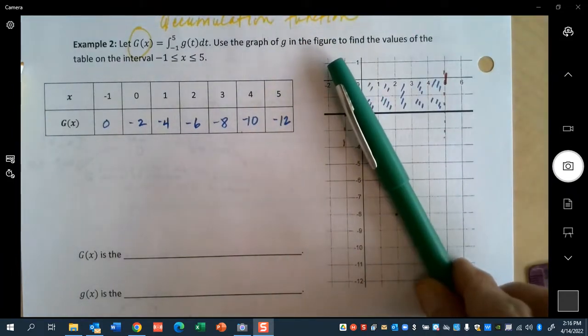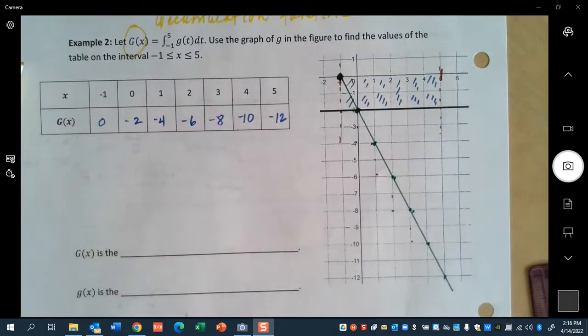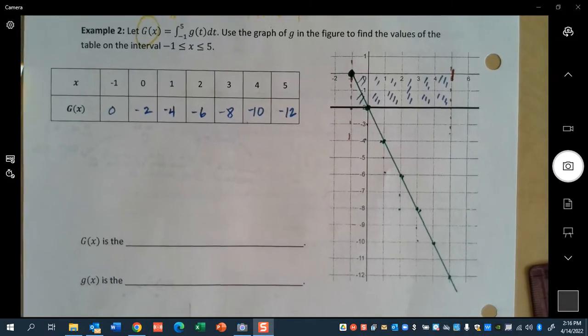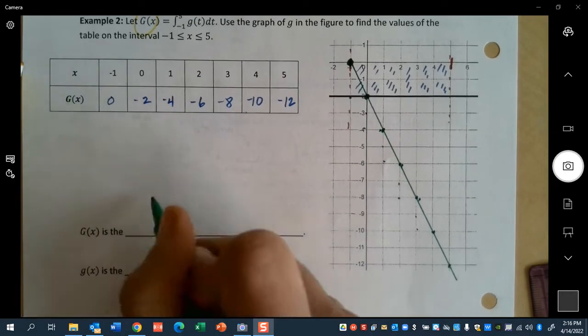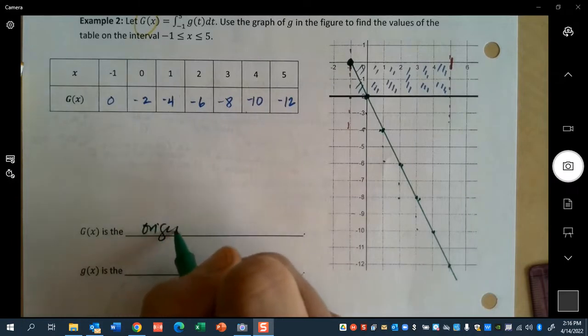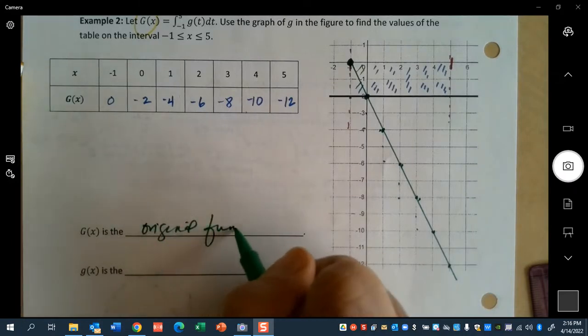So is this just a new way to find derivatives? Now we're going backwards, but could you have done this backwards to get the same thing? All right, so g of x is the original function.